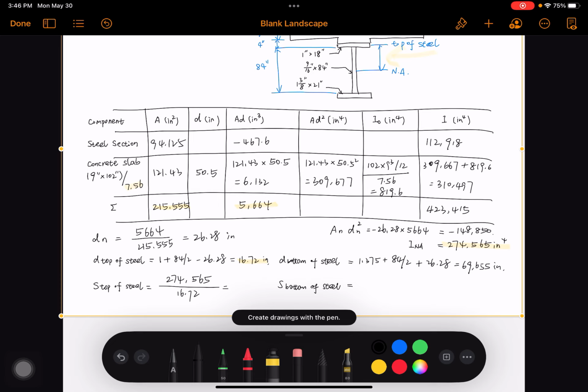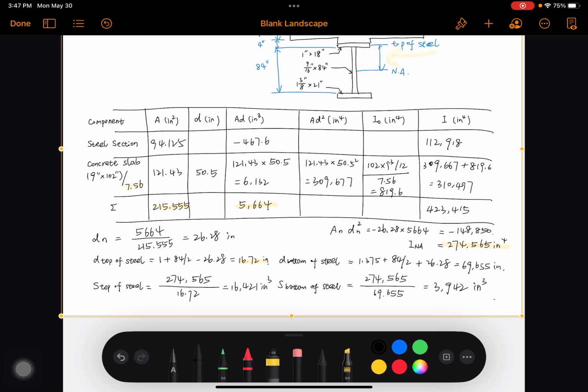It's equal to 16,421 inch to the cube. And the section modulus to the bottom of the steel is calculated as 274,565 divided by 69.655, equal to 3,942 inch to the cube.